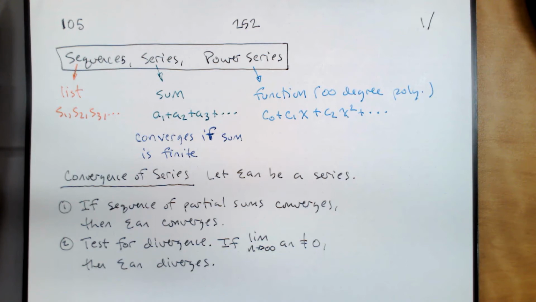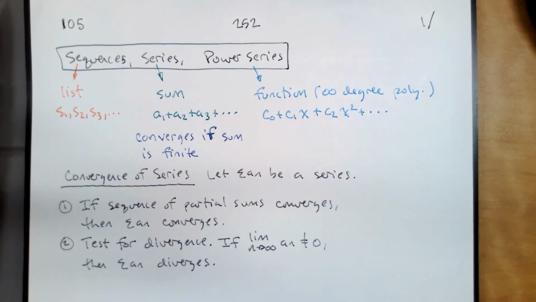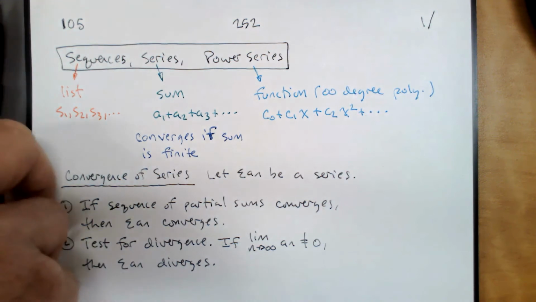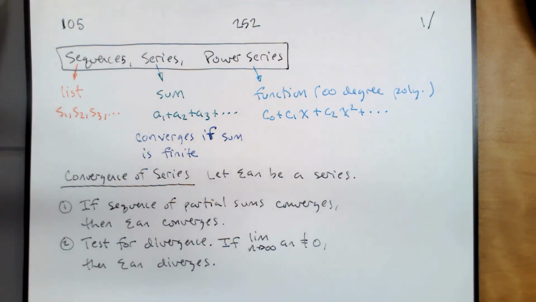One way we can quickly tell by inspection is if the limit of the term is not 0, then the series diverges. One of the things that we want to keep separate is the convergence for a sequence of partial sums, that's the sequence, and the convergence for our series. Remember that convergence means different things depending on what we're talking about. When we're talking about a series, the series converges if the sum is finite.